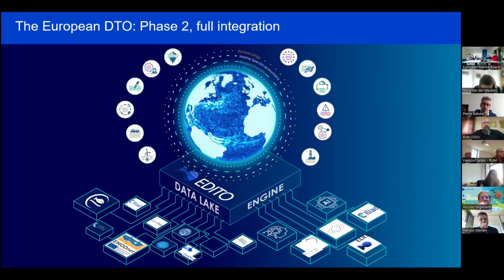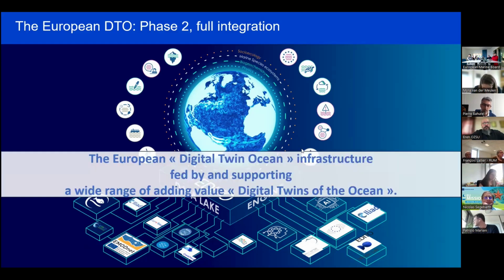And when we have done this platform, we want to interconnect with these digital twins that have been very well explained by Nicolas. And at the end of it, we have this concept of this European digital twin ocean infrastructure fed by and supporting a wide range of value-adding digital twins of the ocean.